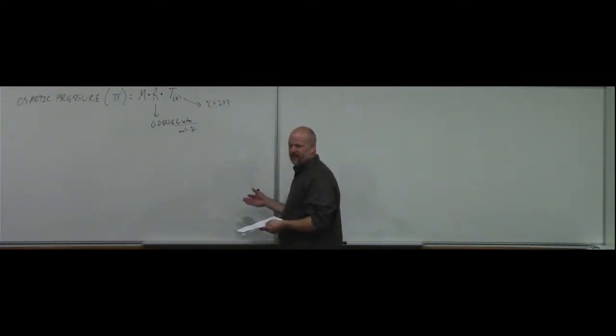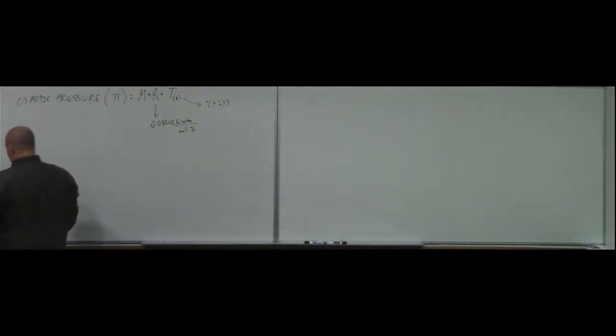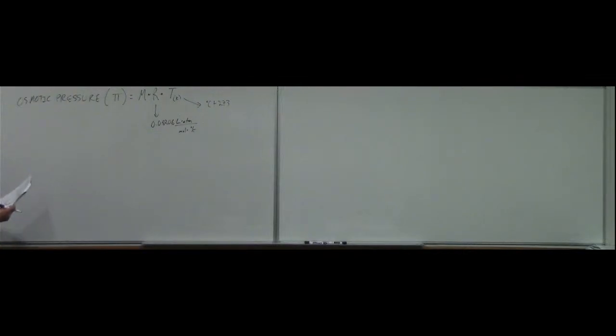This is easy, which is good. This is fun. It'll get boring after a while, but it's good for right now. So, here we go. Assuming ideal solution behavior, what is the osmotic pressure? So we're going to find pi.